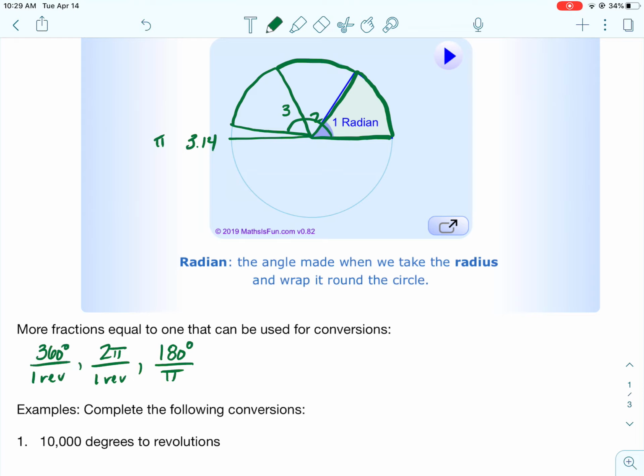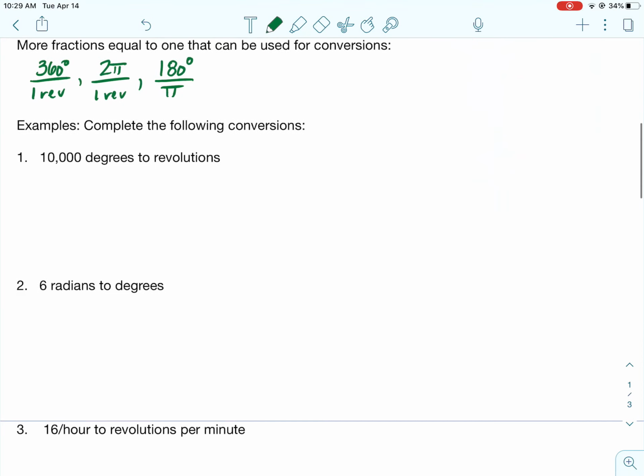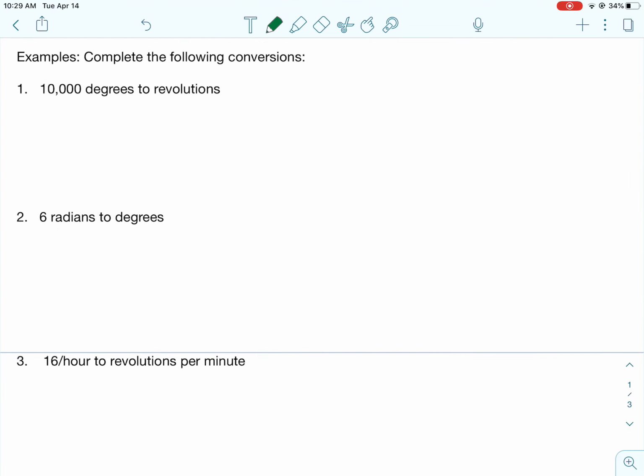We could, it just makes it a little easier if we use 180 degrees is pi radians. Right? Because if we go halfway around, that's going to be pi, and everybody knows halfway around in degrees is 180 degrees, and then all the way around the circle is 360 degrees.